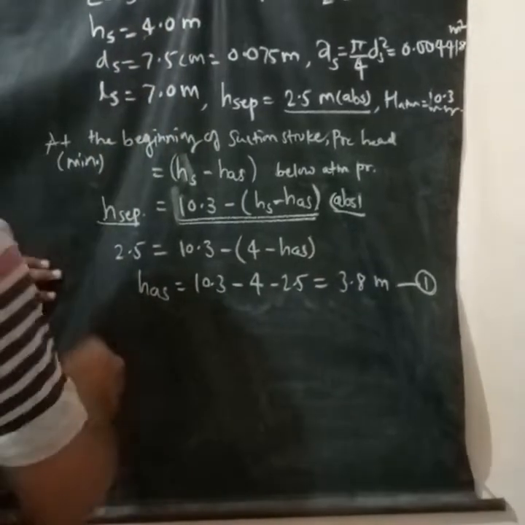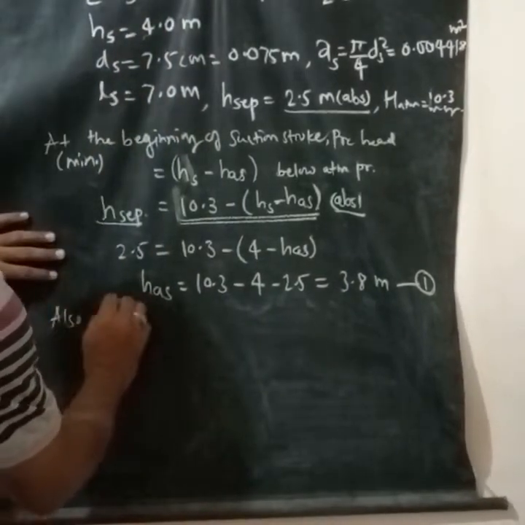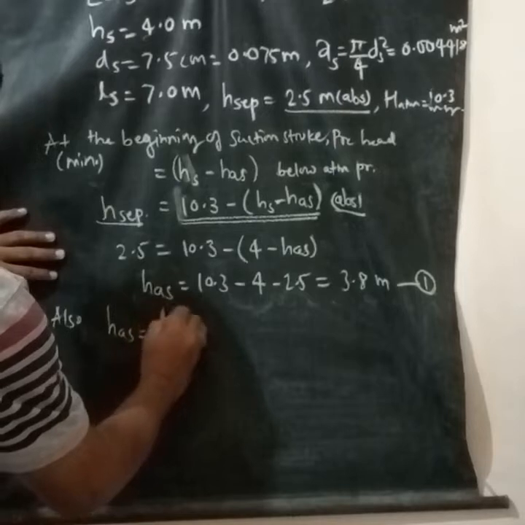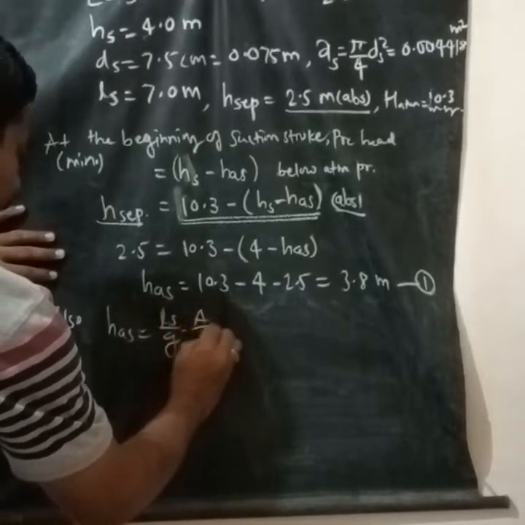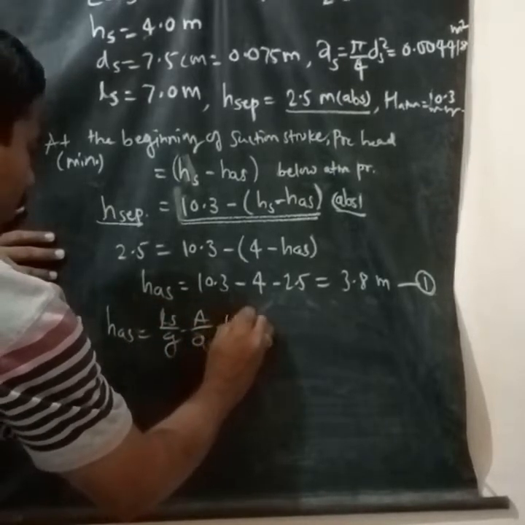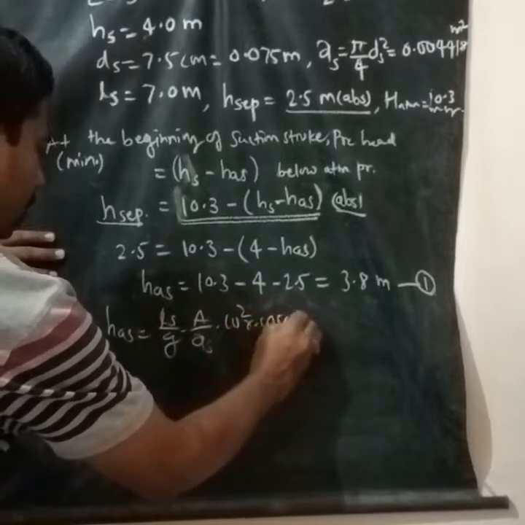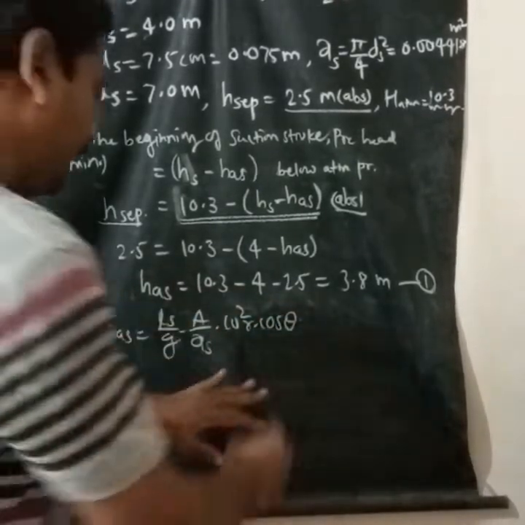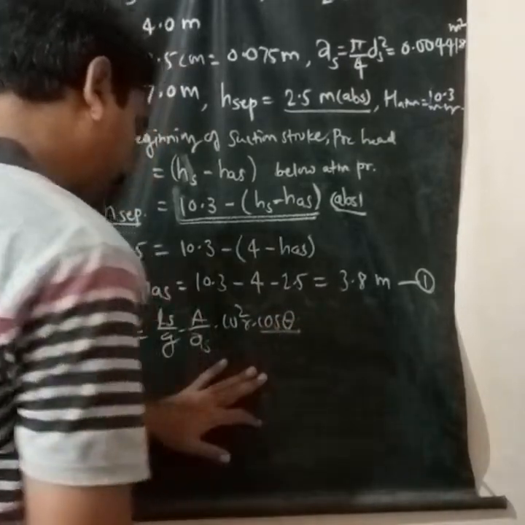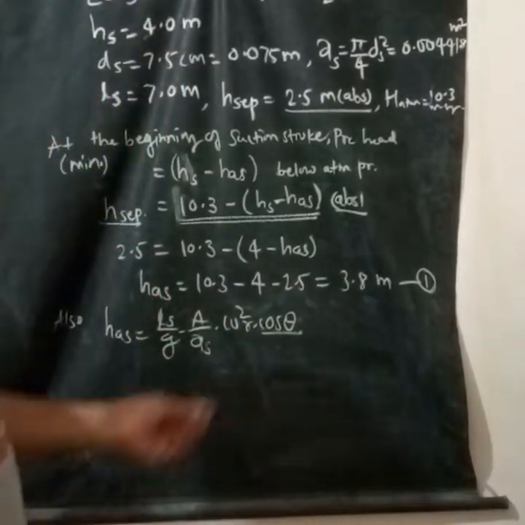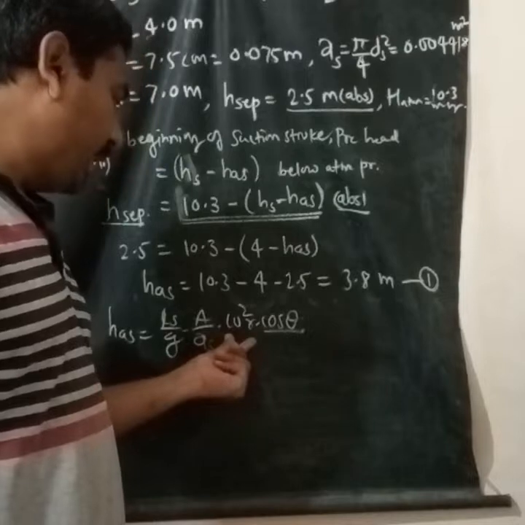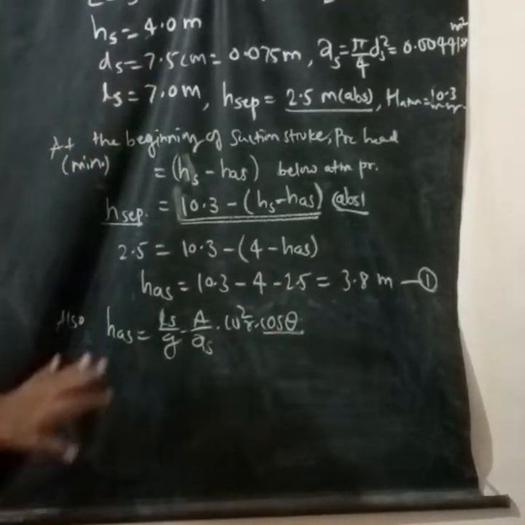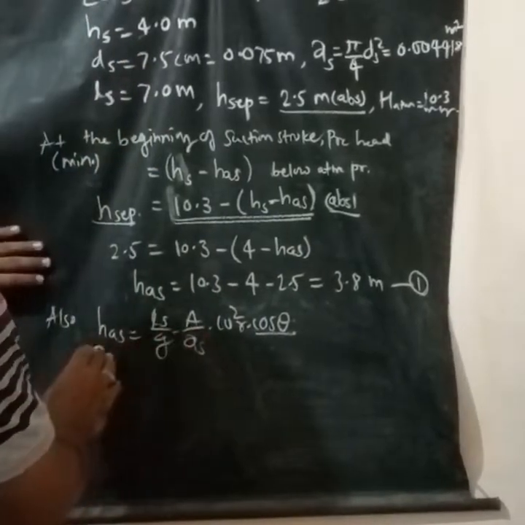But I also know that HAS equals LS upon g, A by AS, into omega square R cos theta. It is the beginning case, so cos theta is equal to 1. Here omega equals 2 pi n by 60. So I put the value of HAS from equation 1.